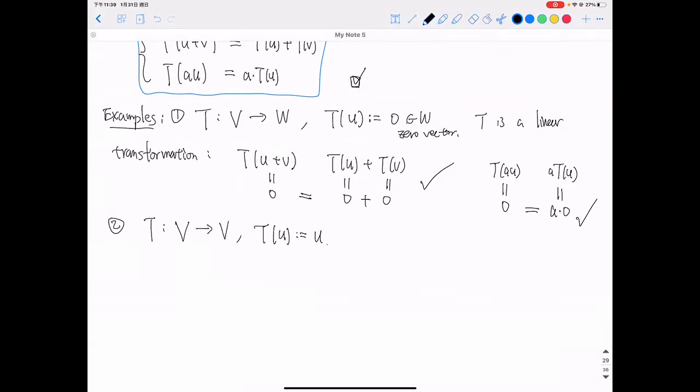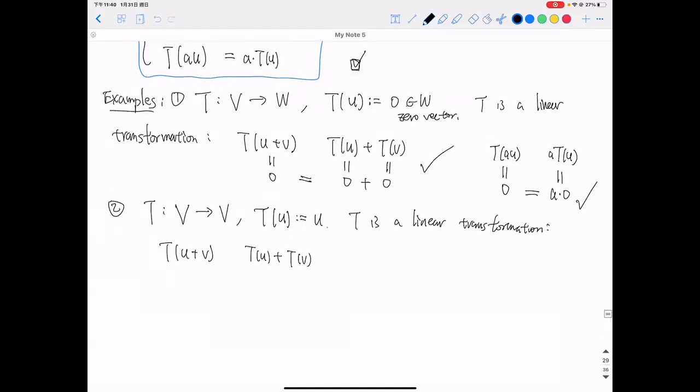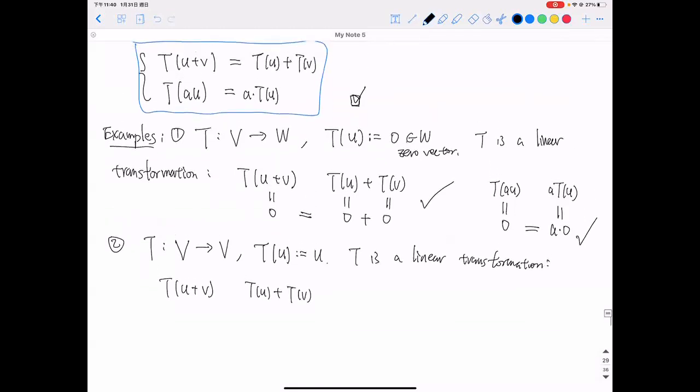And this T is a linear transformation. To see this, you again want to check the two required properties, each of which is an equation. To check them, you compute both sides.